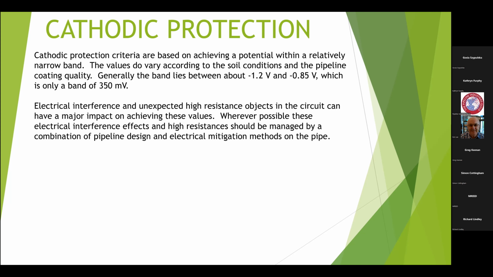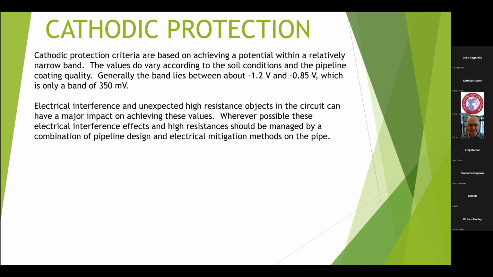The other way that we get the current onto the pipe is through what we call a sacrificial or a galvanic anode. And that works by virtue of the fact that it has more energy in it than the pipe has. And if you connect two things together with different energy levels, they will try and even out.